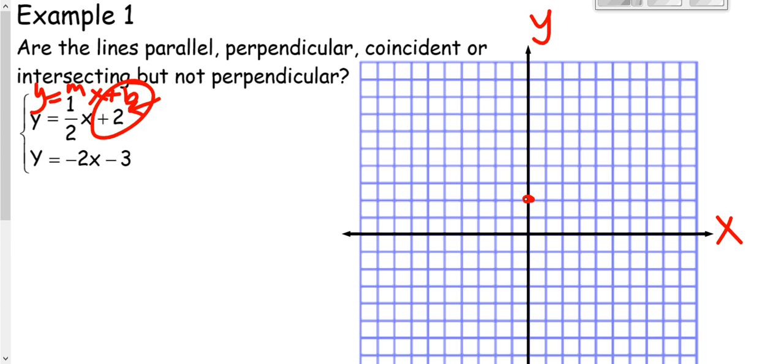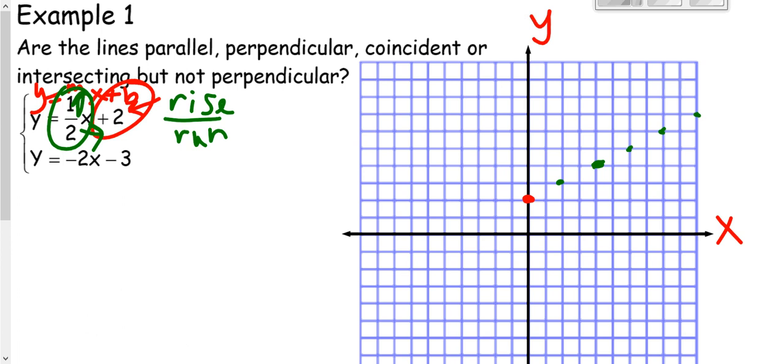And then from there we have our slope, and remember that slope means rise over run. So I'm going to be going up 1 and right 2. We always run to the right when we're starting out. So I'm going to go up 1 and over 2. That means your next dot should be there. Up 1 over 2, up 1 over 2, up 1 over 2, and up 1 over 2.